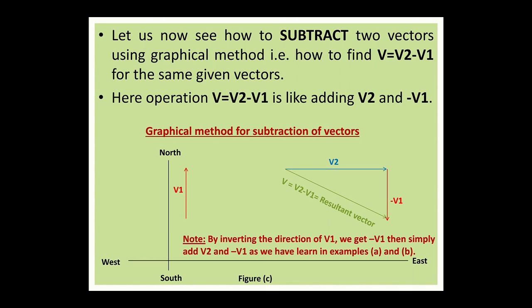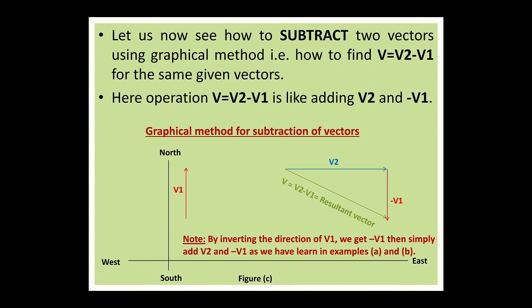So your vector V1 was given in one direction, and if you invert its direction you will get minus V1. Now you have V2 and minus V1. So how can you get V2 minus V1? Simply add V2 with minus V1. The same rule we will use here: your first vector is V2 and second vector is minus V1.